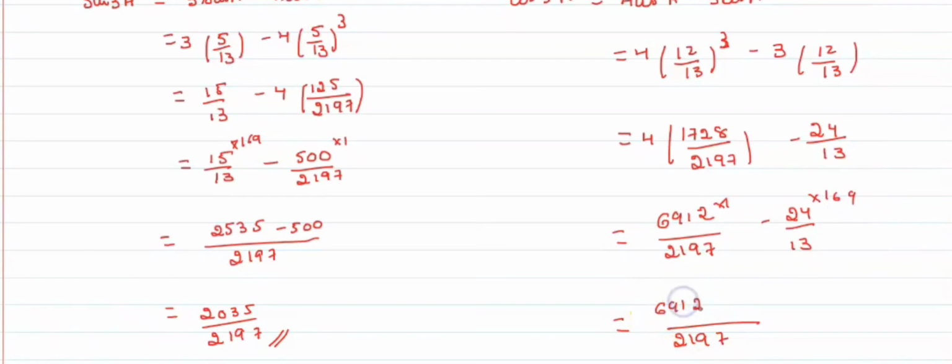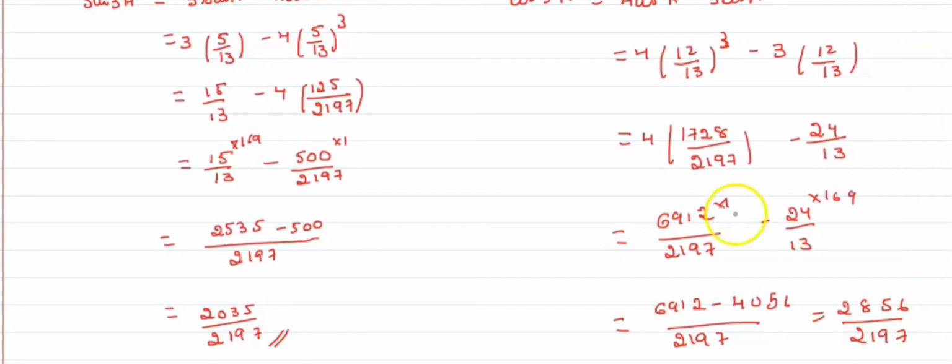So 6912 minus, what is the number, that is 24 multiplied by 169, which is 4056. So when you subtract it from 6912, this will be 2856 over 2197. Okay, hope you have understood this.